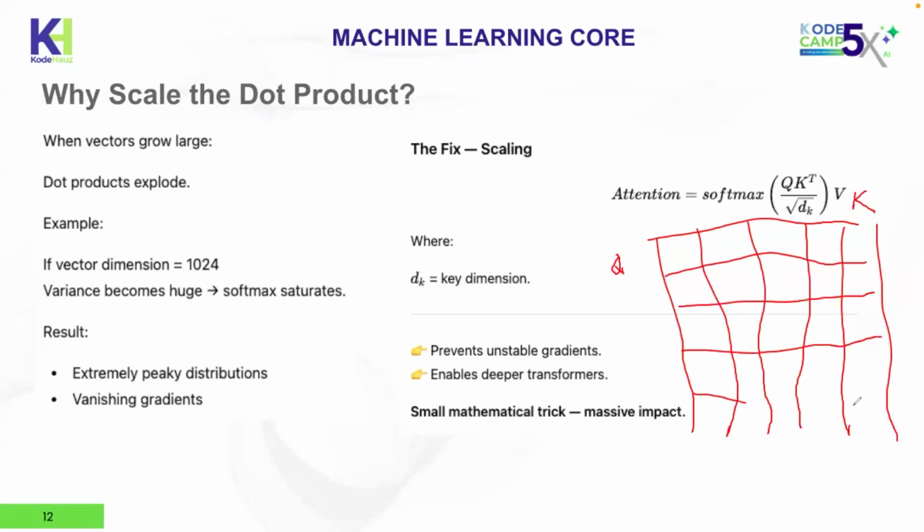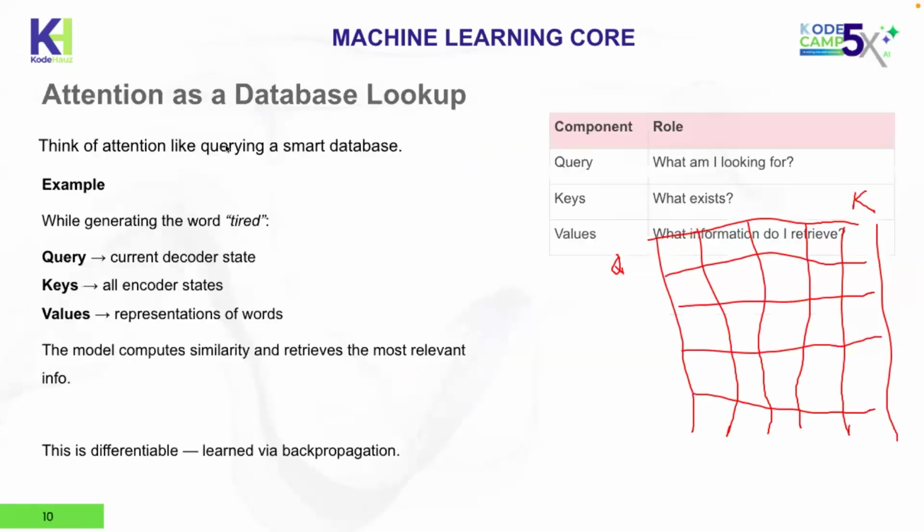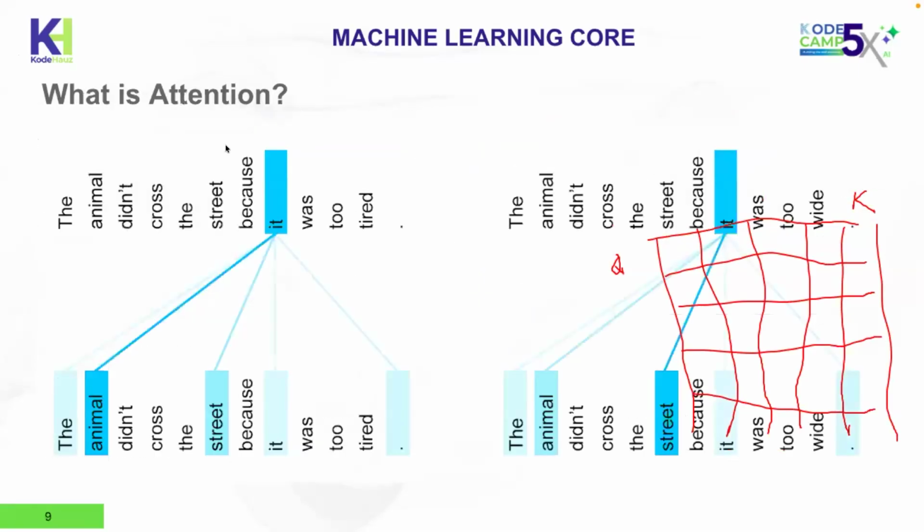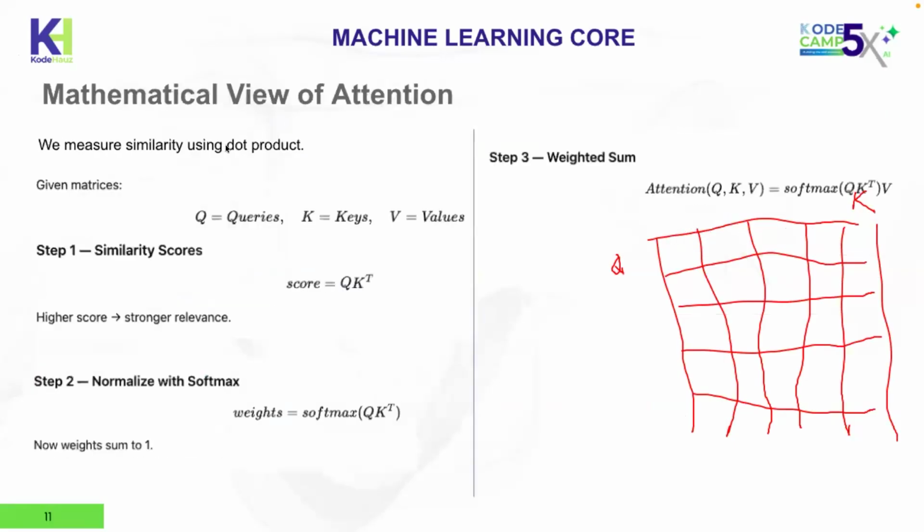Let's assume each of these slots represents a piece of the token. Going by that earlier example: the animal didn't cross the street because it was too tired, okay? So let's go with that.